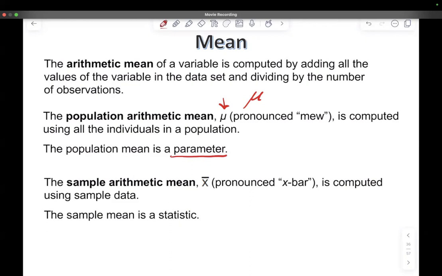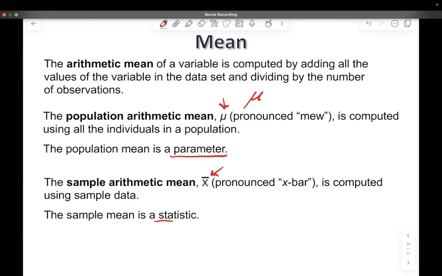Not as cute of a symbol, when we're dealing with the sample mean, we have this symbol right here. We just call it x-bar because it has a bar over the top. Anytime anything has a bar over the top, we just call it x-bar or y-bar or whatever. We have sample data, but we calculate it exactly the same way as the population. We just use a different symbol.